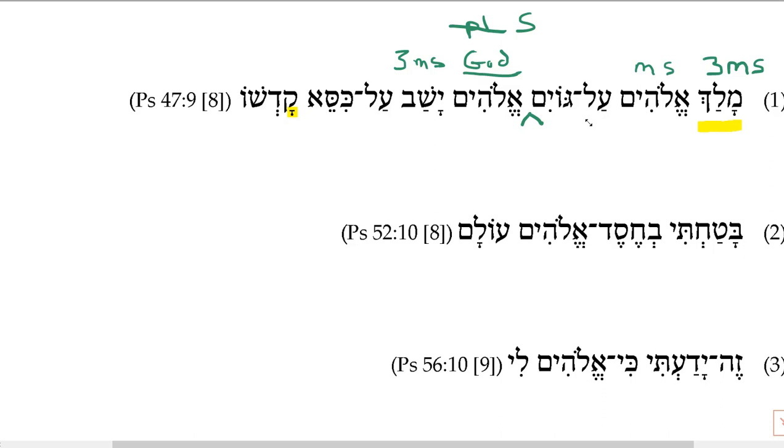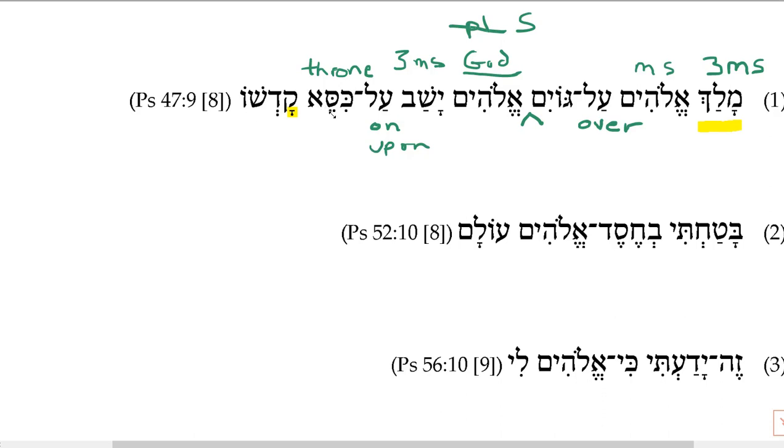Notice over here we translated this like God rules over or above the nations. And here we have God dwells or God sits. Probably al would be more like on or upon here, because what we have here is kisse, which is throne.